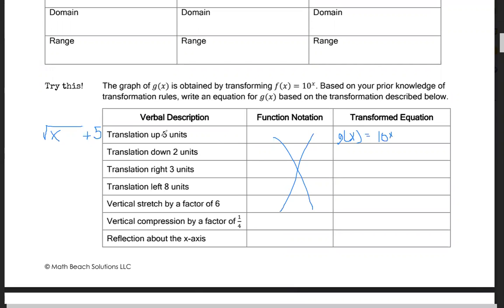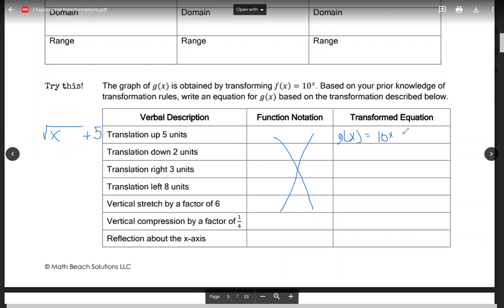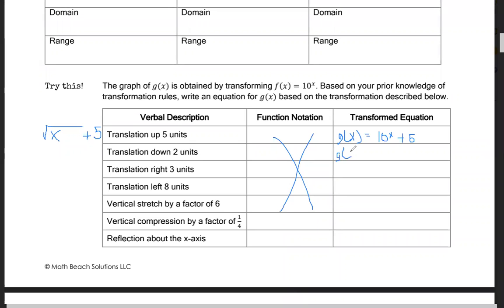Where would plus 5 go? Well, it just goes behind the exponential. Okay, it's pretty easy. Okay, down 2. So same idea here. Down 2 does not go inside this radical right here. It didn't go inside, so you would put it in the same spot with the minus. So this would be equal to 10 to the x minus 2.